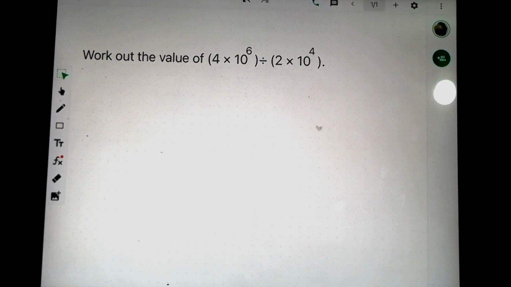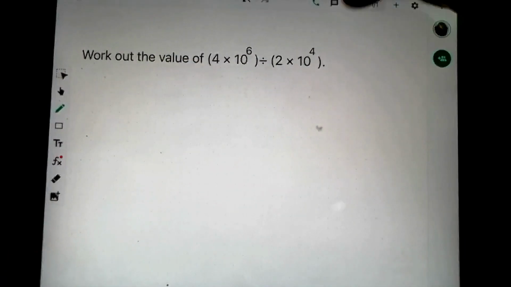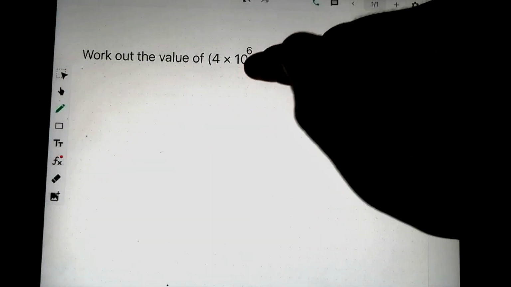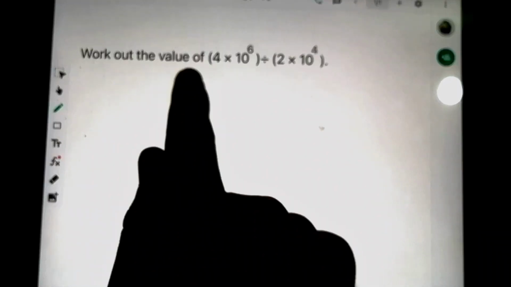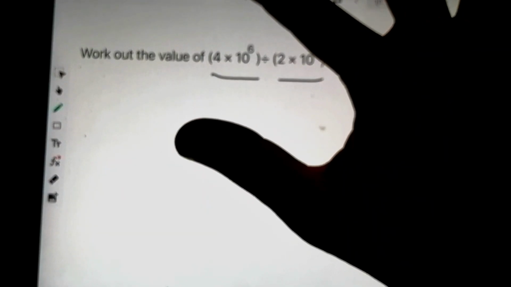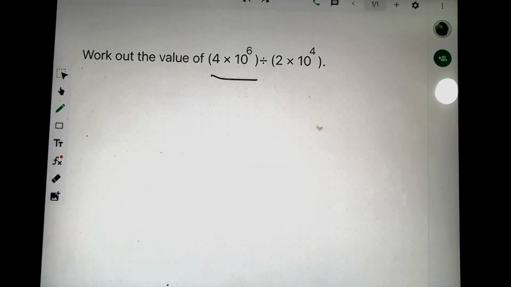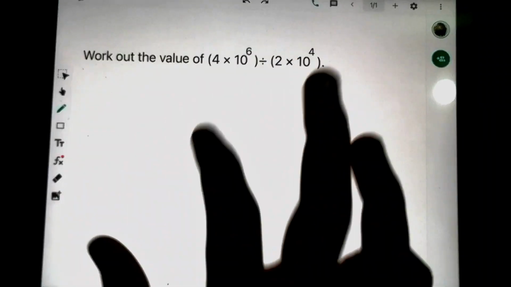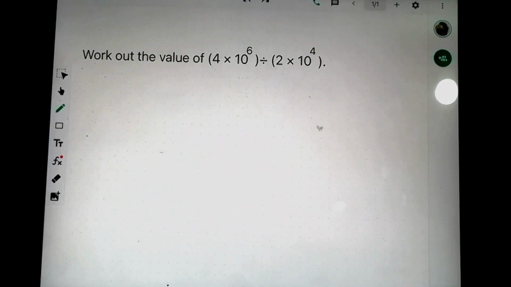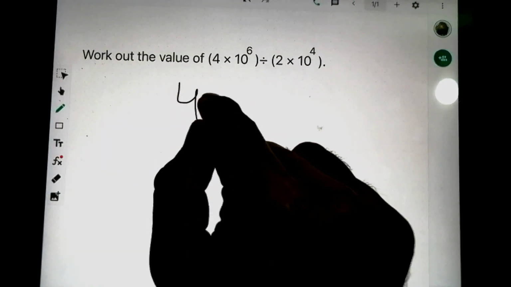Okay, so we've done an example where we had to multiply two standard form numbers. What if we had to divide them? So we've got 4 multiplied by 10 raised to the power 6, divided by 2 multiplied by 10 raised to the power 4. What we'll do is convert this divide symbol into a fraction.